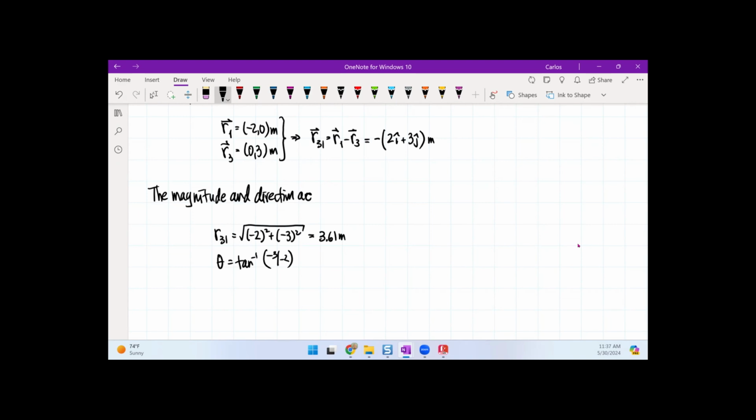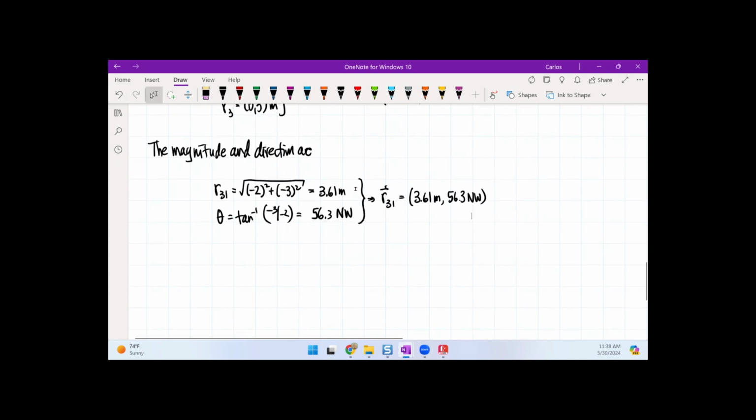Remember, this is in the third quadrant, so we have to be careful with this. I'm going to say 56.3 degrees south of west, which guarantees it's in the third quadrant. So I can rewrite this as 3.61 meters at 56.3 degrees. There's my vector.